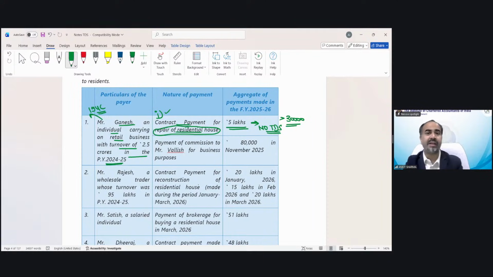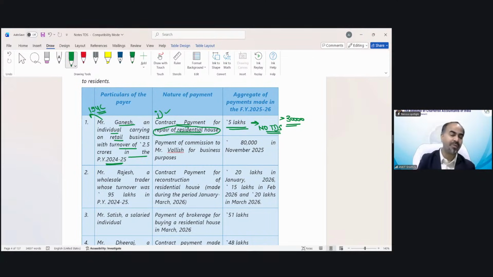Now section 194M is a very interesting provision. Section 194M says that there is no exemption for payment if it is made for personal purpose. So 194M would be applicable whether the payment is for personal purpose or not.